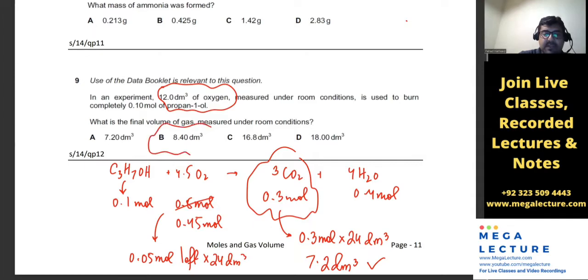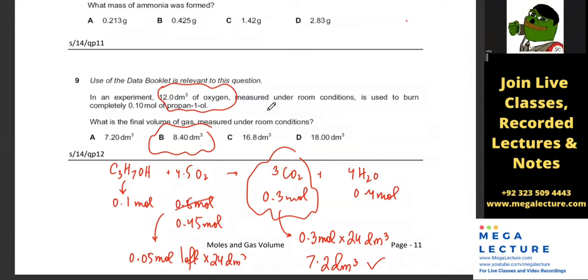So the total volume would be 8.4. That's 7.2 of this and 1.2 of the other one. Okay, so is this question clear?